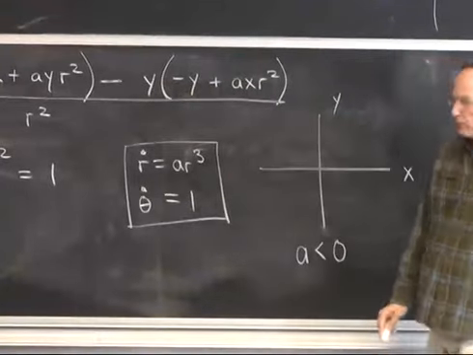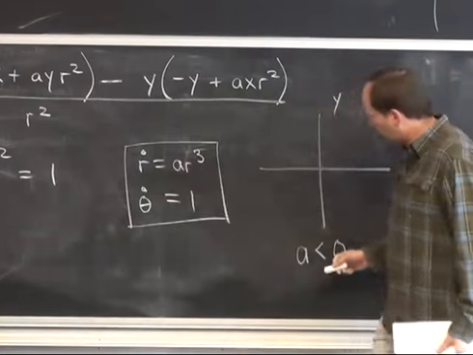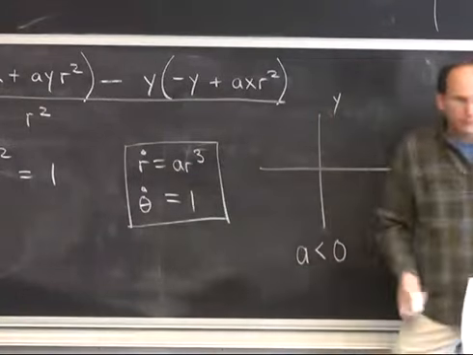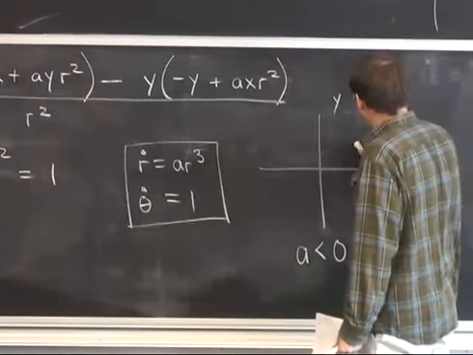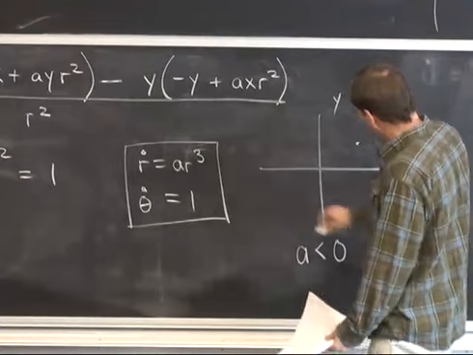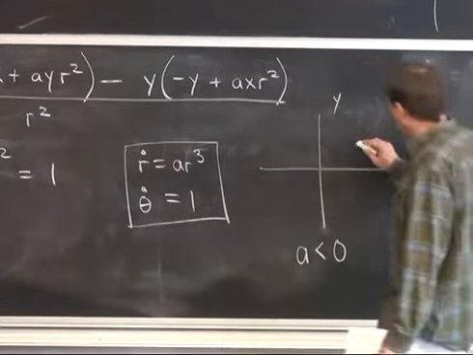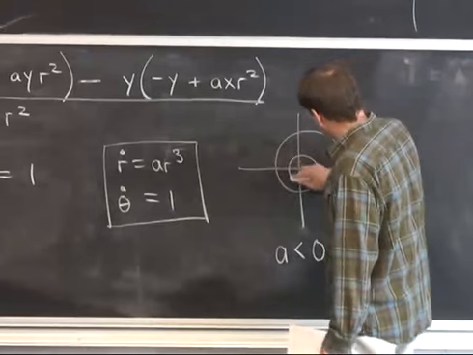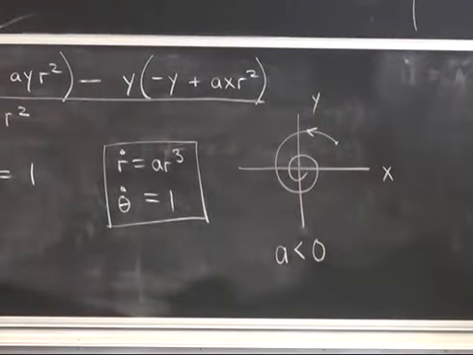That is, it's going to keep moving counterclockwise at a steady rate. Meanwhile, in the radial direction, since A is negative, r dot will be negative, and so the radius will be decreasing. So imagine the motion of something which starts somewhere, moves around at a constant angular velocity, but with its radius decreasing. It's going to look sort of like that, right? It's a damped spiral, a stable spiral at the origin.